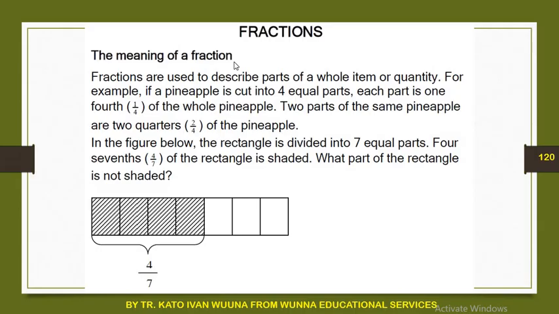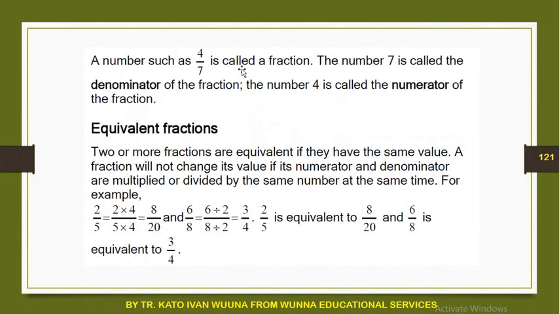And therefore, from what we have seen as our examples, a fraction has 2 parts: the numerator, which is representing a given part, divided by the denominator, which represents the whole item or the total quantity. That is a fraction. Let's continue.